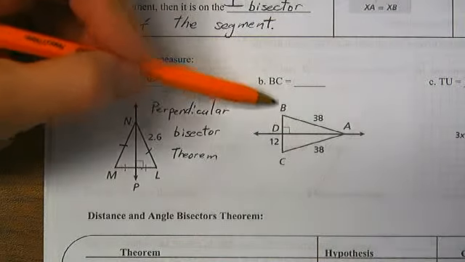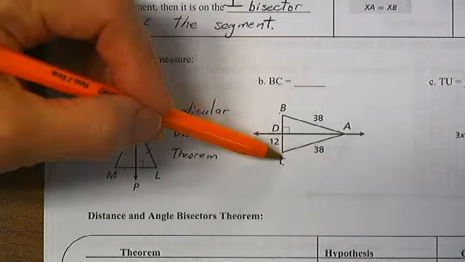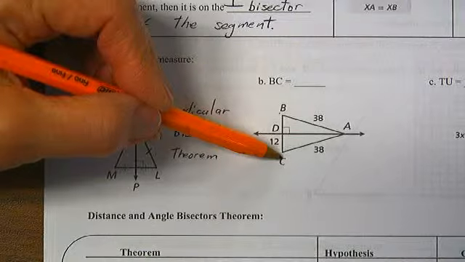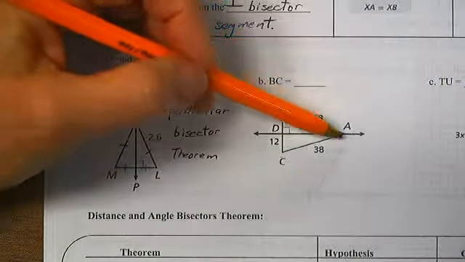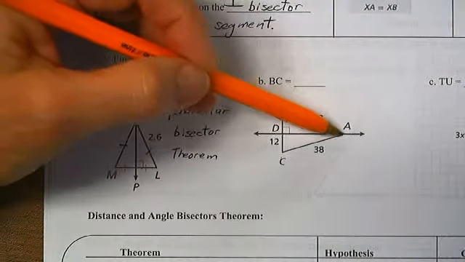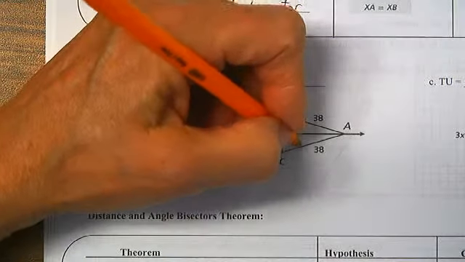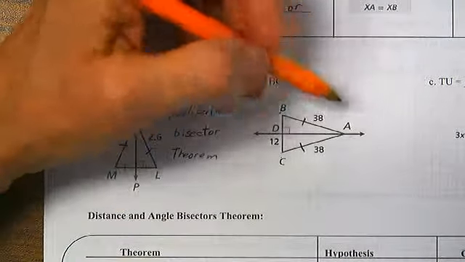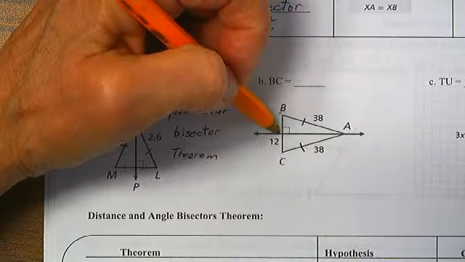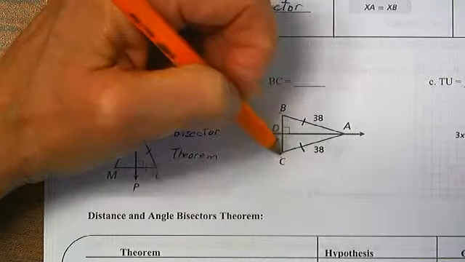Okay, find the measure of BC. Well, AB is congruent to AC. We are given that information. And AD is perpendicular to BC.